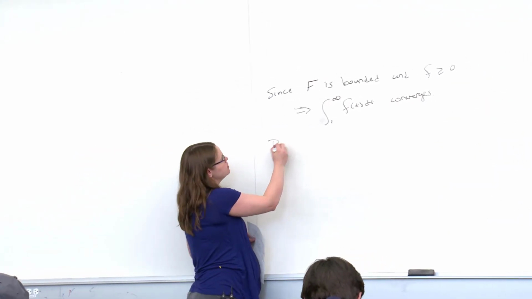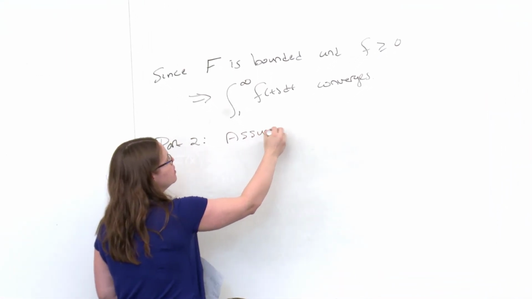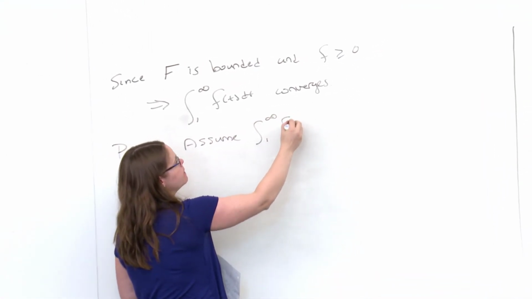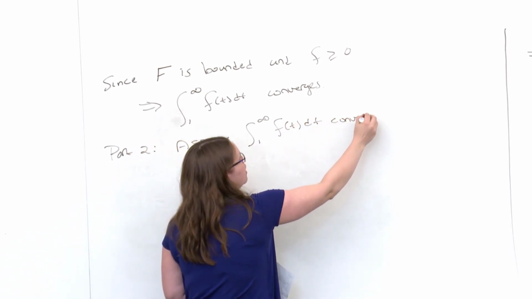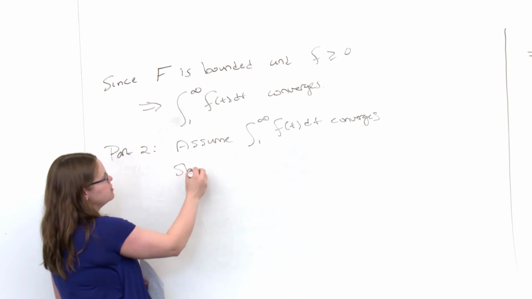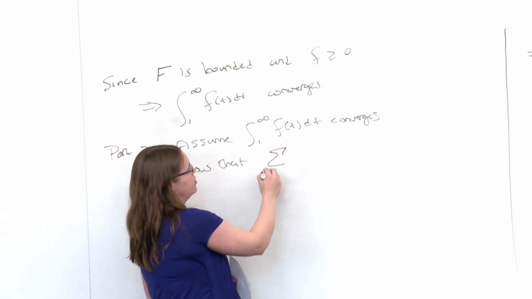Okay, so part 2, we would assume that this converges. And we would show that if that happens, automatically our series converges.